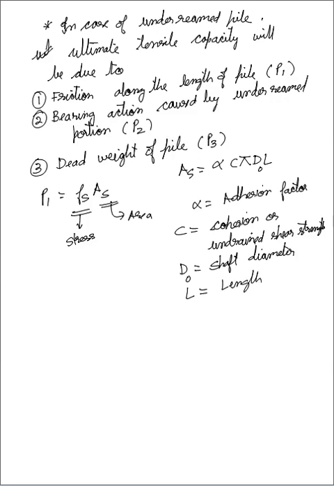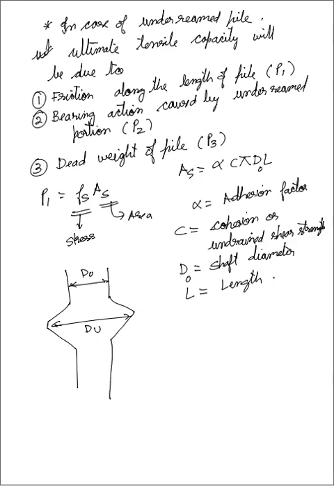Length. See, we know in case of under rim pile, it is like this. So this diameter is DU and this is DO. Remember this thing.